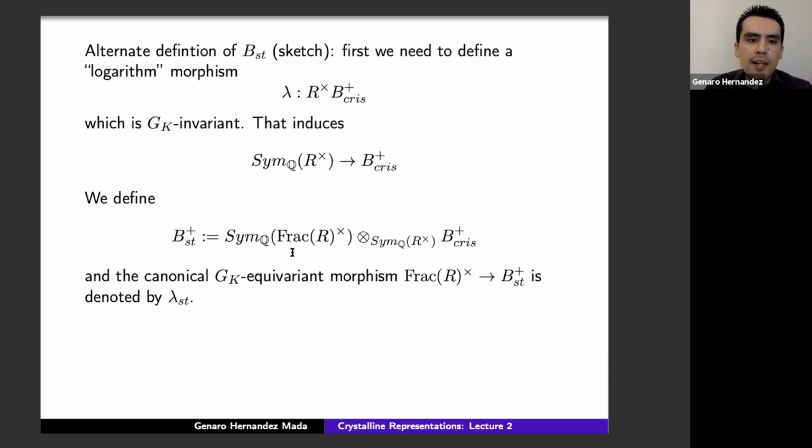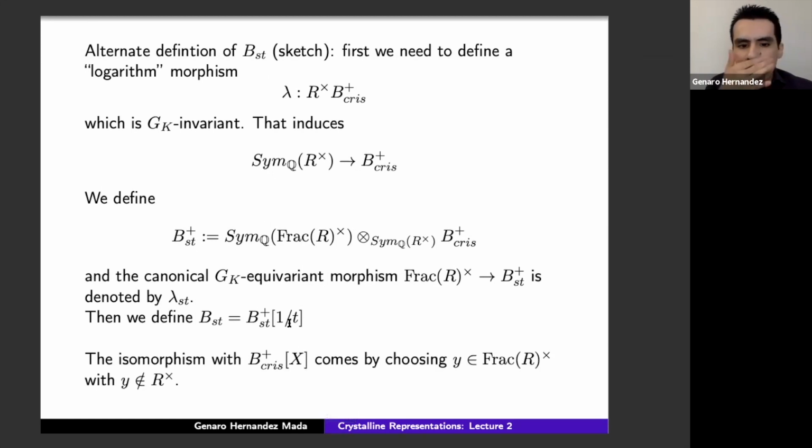And we have a canonical G_K equivariant morphism from this multiplicative group to this B_st^+, which I'm going to denote lambda_st. And then we can define B_st by inverting t.